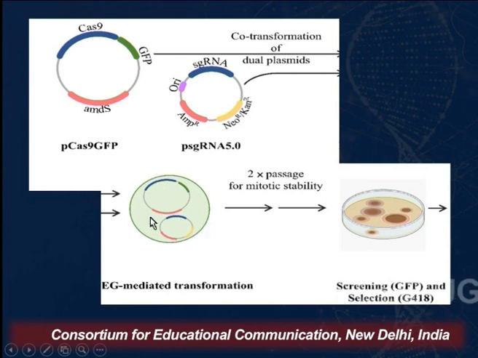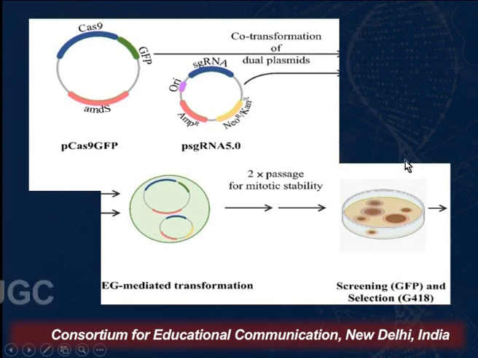So, different methods of transformation or transfection are there, and then we do the routine selection for the presence of both the plasmids. When both the plasmids are there and the heterologous expression occurs, then the Cas9 will be formed, and sgRNA will be formed. Now, this sgRNA is going to associate with the Cas9 protein, and it is going to guide this Cas9 to the target which is complementary to the sgRNA you have introduced into the cell.